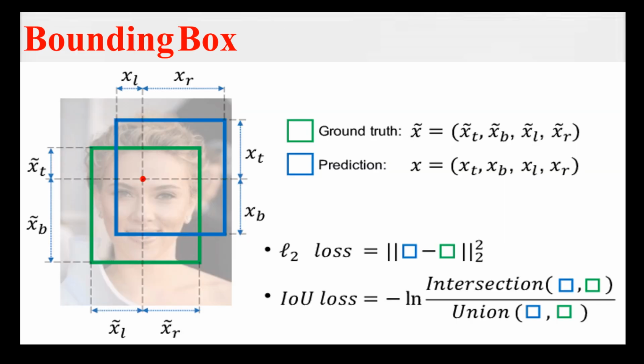Then come the bounding box losses. So basically there are two types of losses, L1 and L2 loss functions, and also we have intersection over union. Now this intersection over union is considered to be the most widely used performance metric.